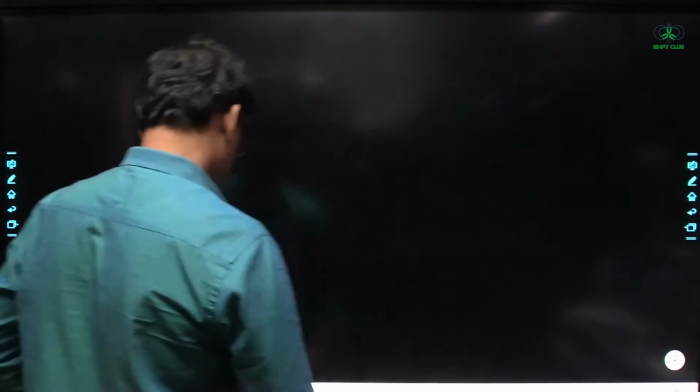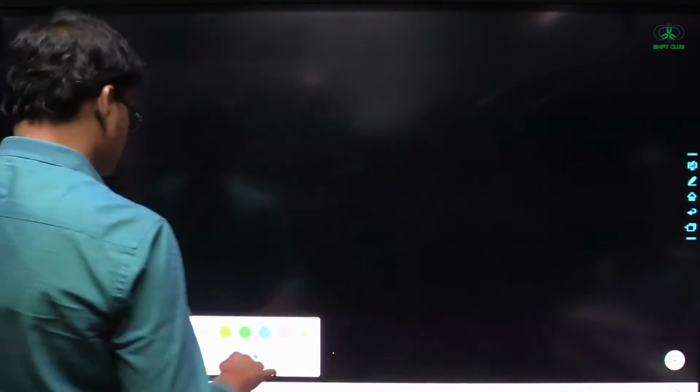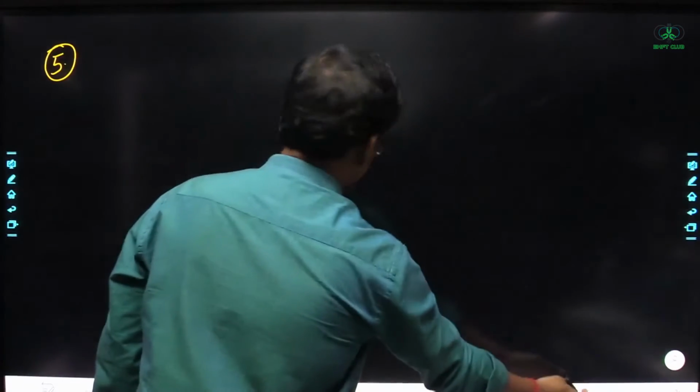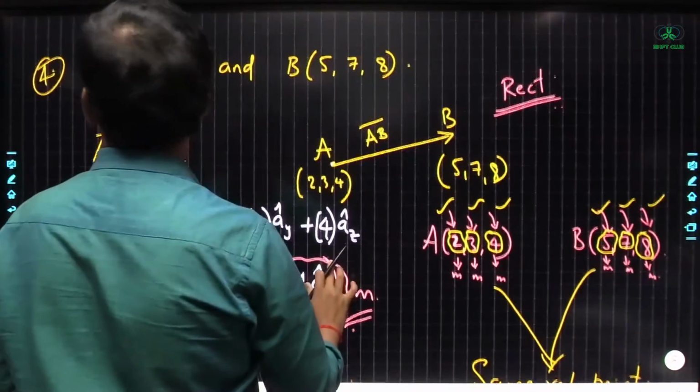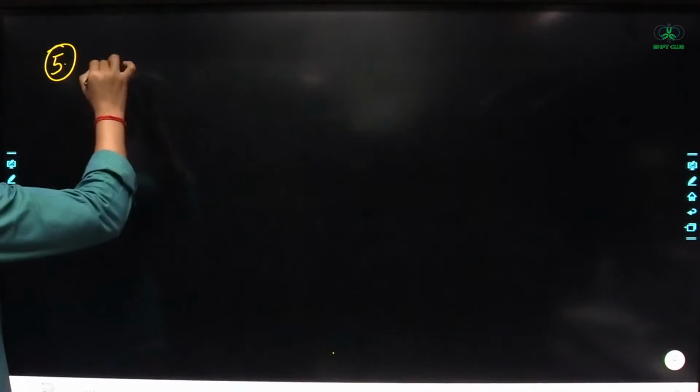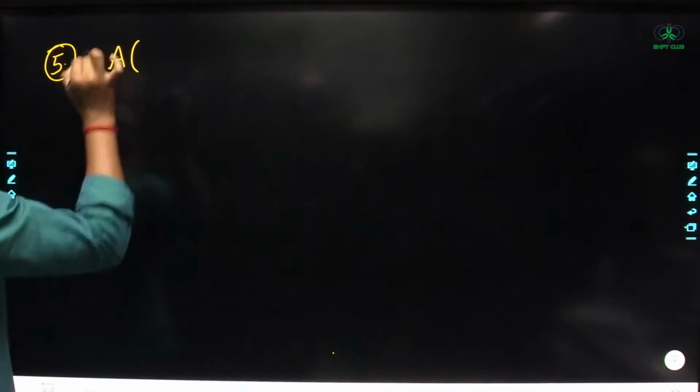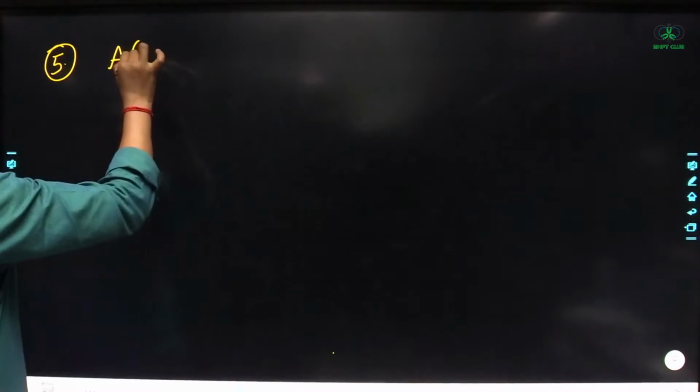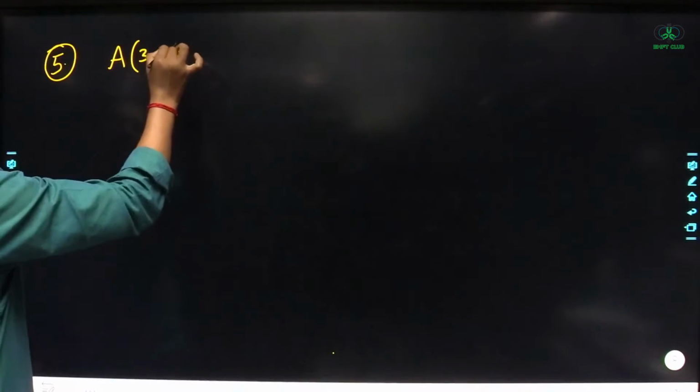Now see here. Let us say I am giving the fifth problem. Let us take the point A in cylindrical coordinate system, so that is, let us say, (3, 30 degrees, 5).